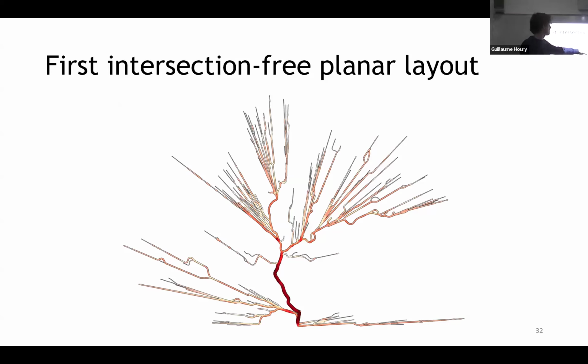In particular, the extremities of the tree are quite stretched, and so this is clearly not suitable for visualization purposes. So now we go to the second phase, where we'll improve the geometry of this original tree.